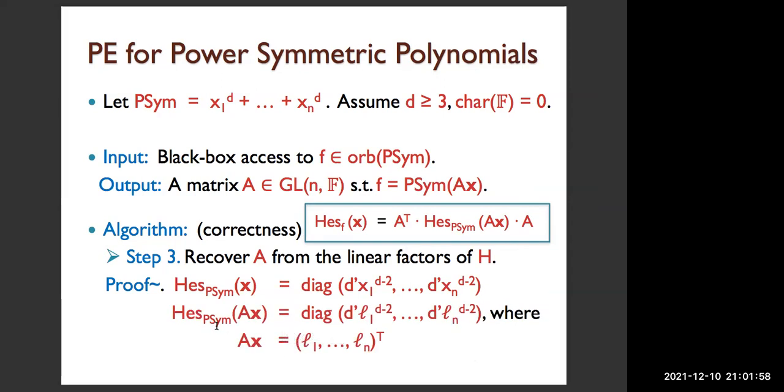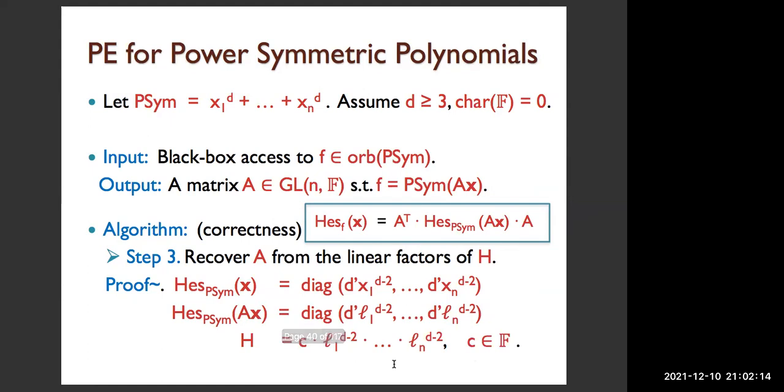All right. So if this is the Hessian, now we can use this relationship recorded here in the box and see that the Hessian of the power symmetric polynomial evaluated at AX is basically the same matrix with the variables replaced by the appropriate linear forms, right? Where AX is this column vector of linear forms.